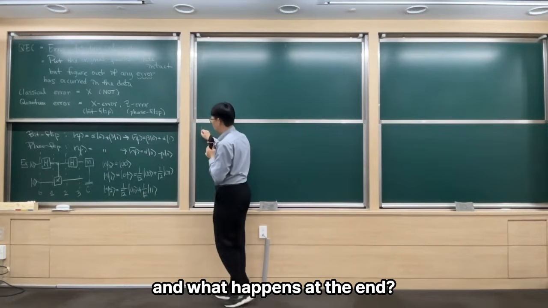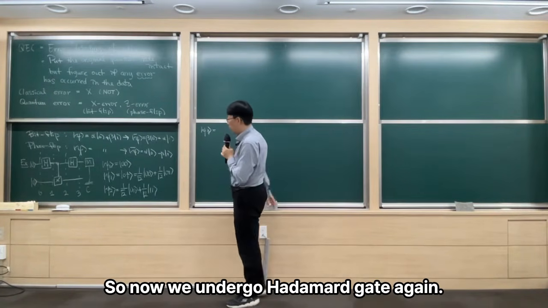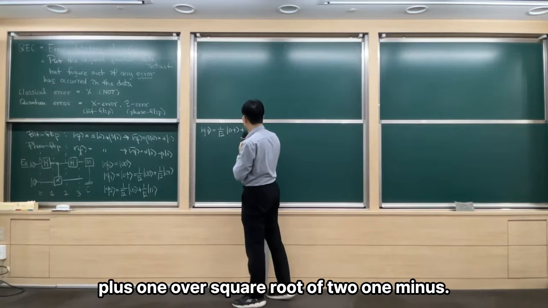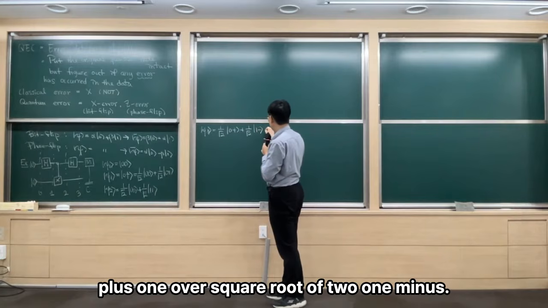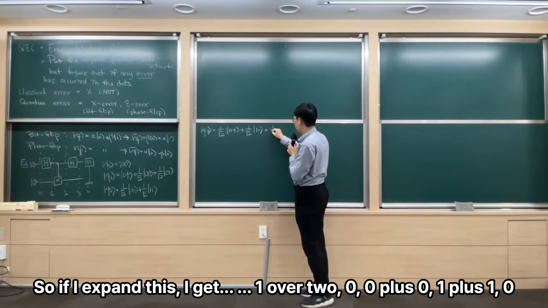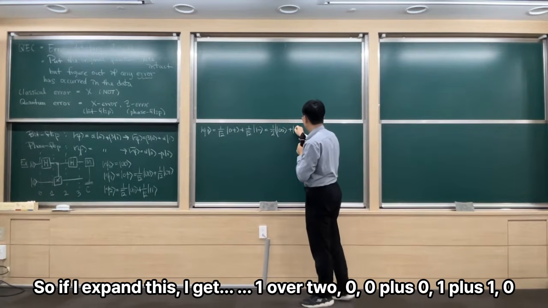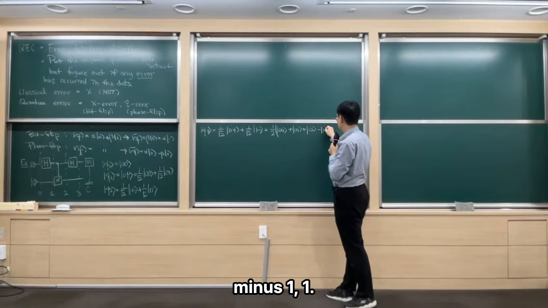And what happens at the end? We have psi 3. Now we undergo the Hadamard gate again. So we have 1 over square root of 2, 0 plus 1 over square root of 2, 1 minus. If I expand this, I get 1 over 2, 0, 0, plus 0, 1, plus 1, 0, minus 1, 1.